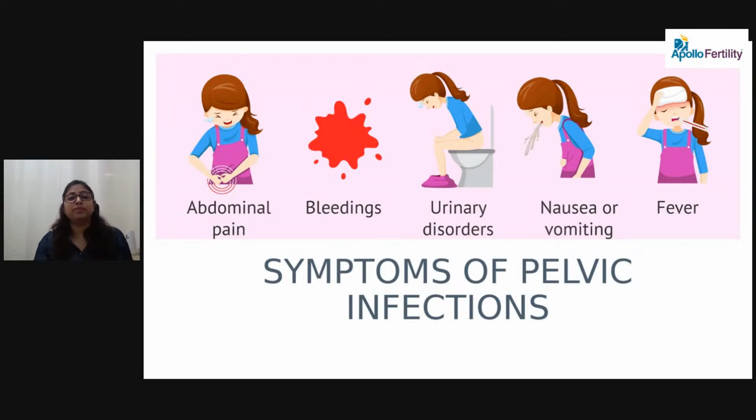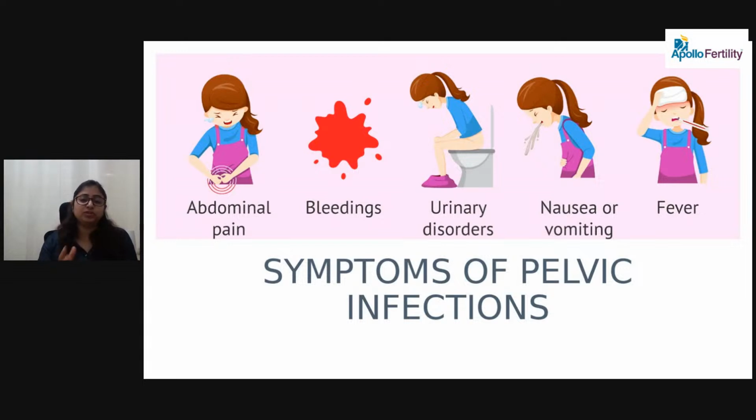Now, how do you identify whether you have a pelvic infection or not? The most common complaint a woman will have is abdominal pain, especially long-standing pain in the lower abdomen. There may be irregular bleeding, or some white, abnormal discharge.